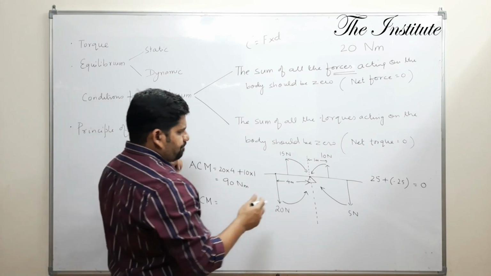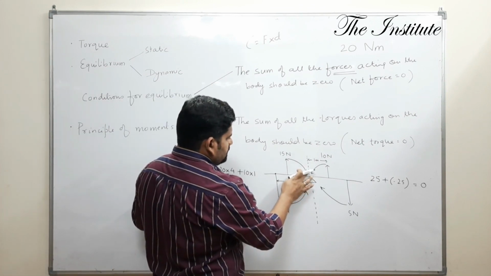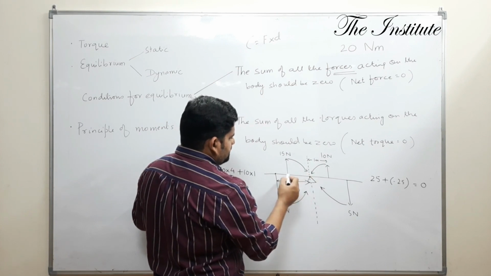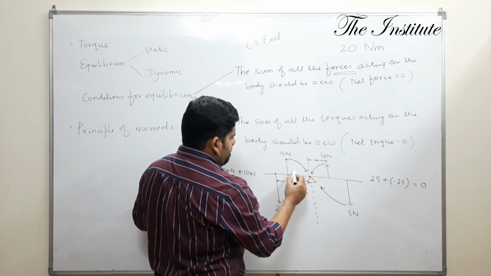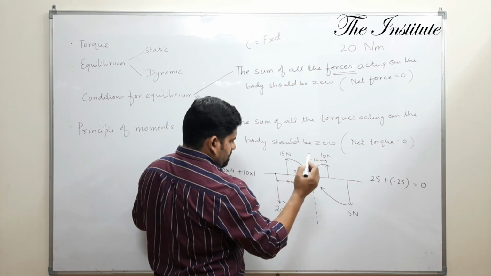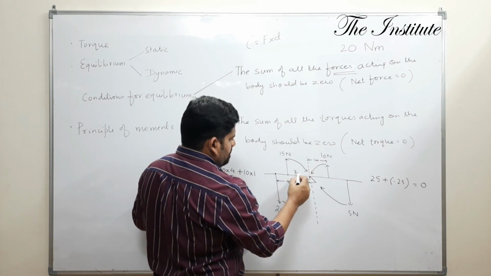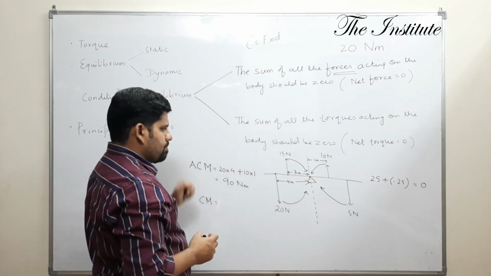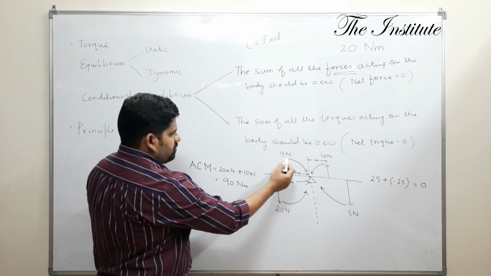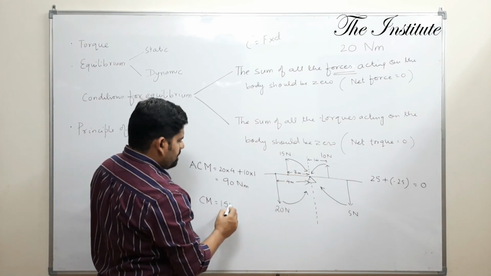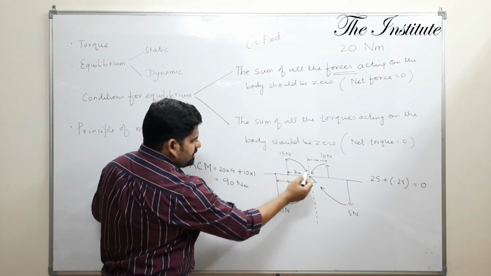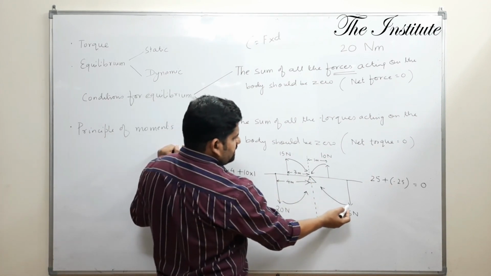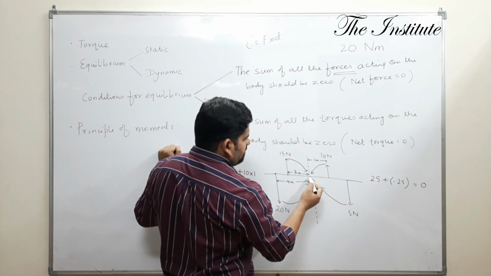Clockwise moment. Suppose this distance here is 3 meters. So force is 15 and distance is 3. Plus this one was also giving me clockwise.